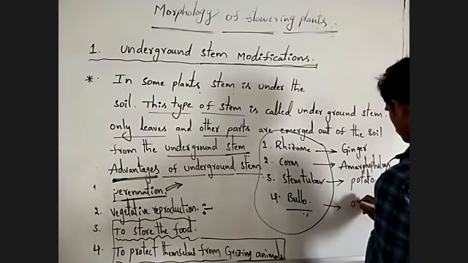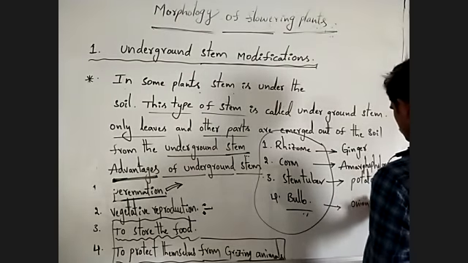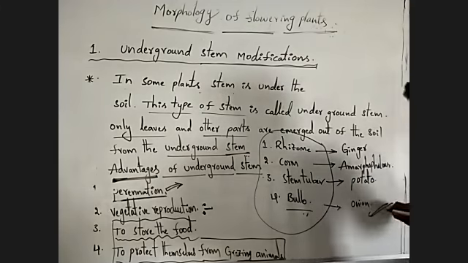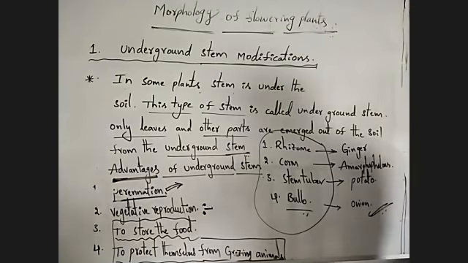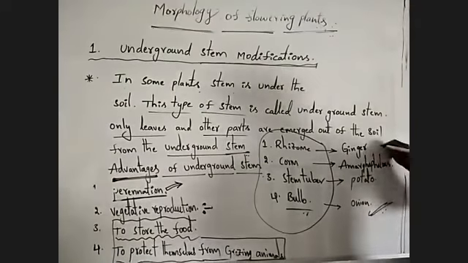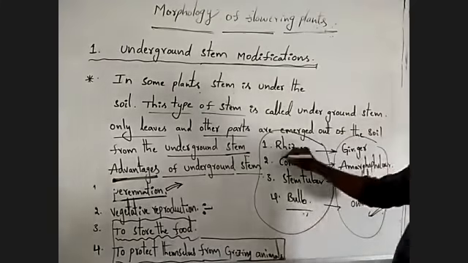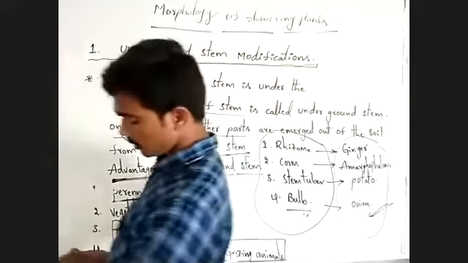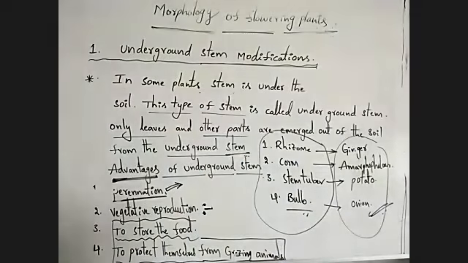Bulb, onion. These are the examples for the different types of underground stem modification.